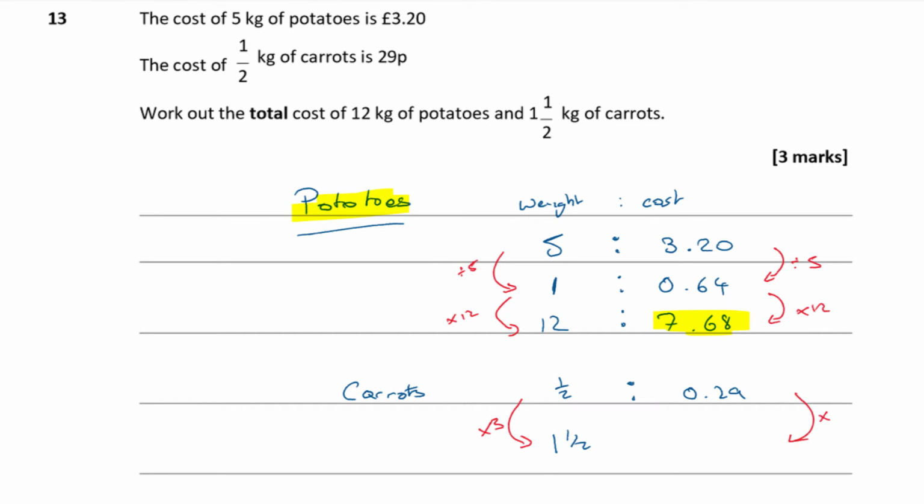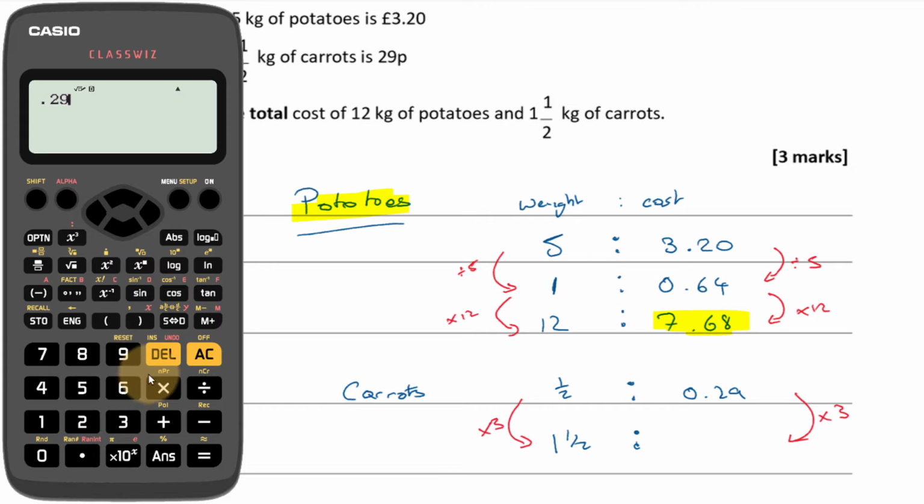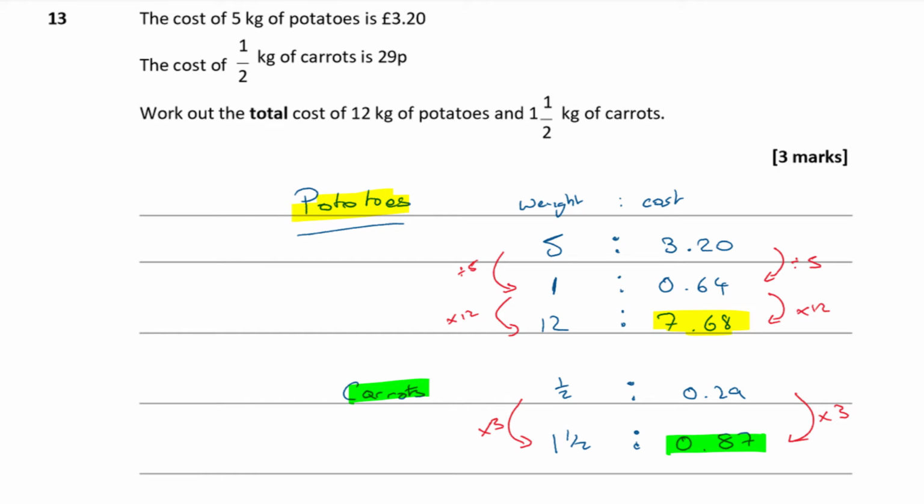So if I multiply this up by 3 as well, I'm going to get the cost of the carrots. 0.29 times 3 comes to 87 pence, 0.87. So that is going to be the cost of my carrots. Then the total cost is the cost of the potatoes, £7.68, plus the cost of the carrots, 0.87.